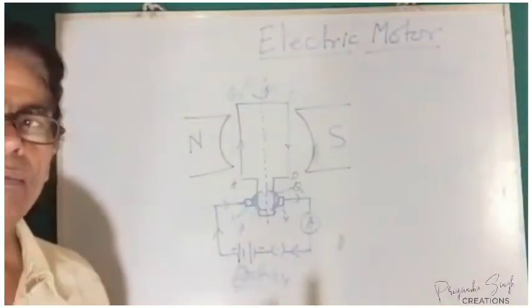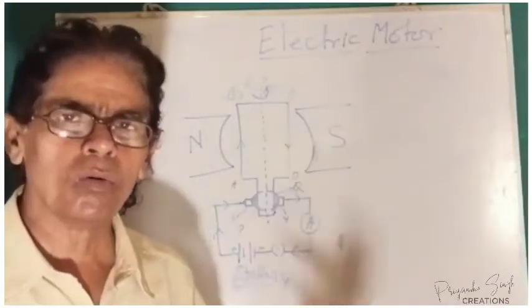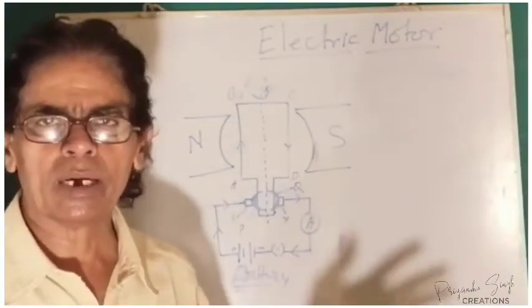So, if we apply this Fleming's left hand rule, what do we observe here?